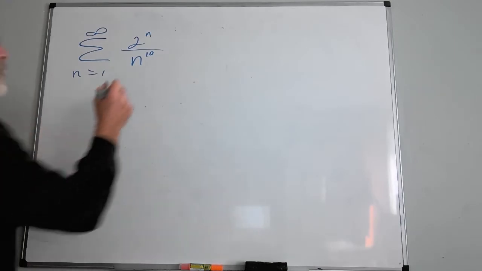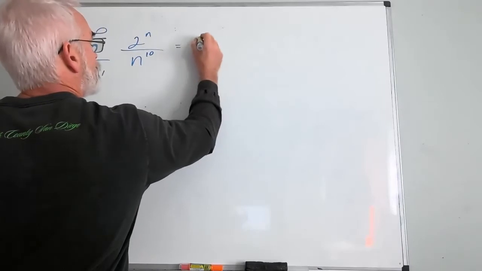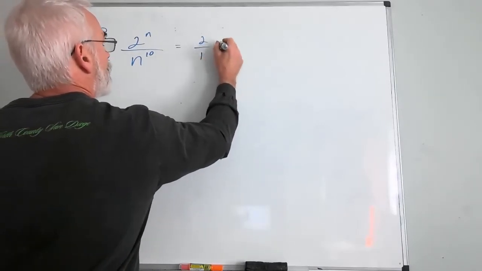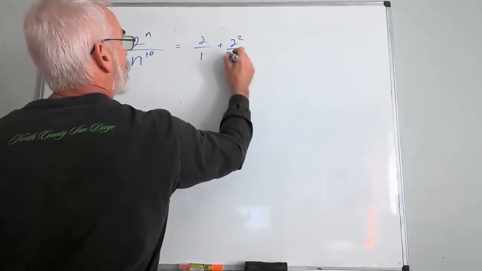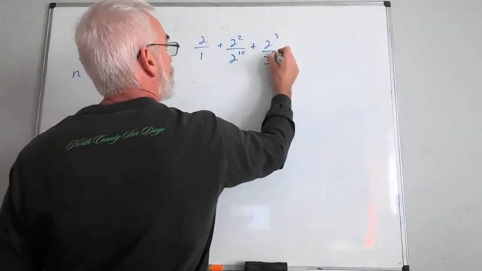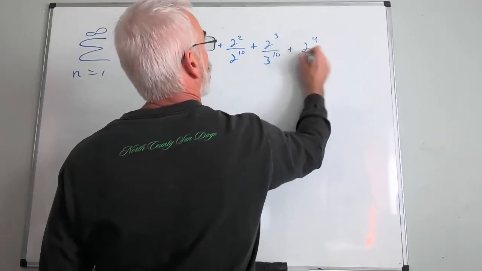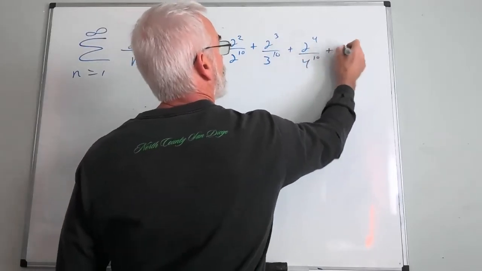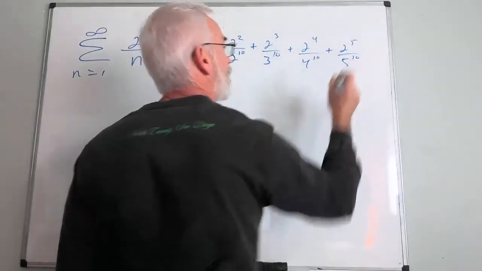So again, if I start writing the terms down, let's see, that'll be 2 to the 1st over 1 plus 2 to the 2nd over 2 to the 10th plus 2 to the 3rd over 3 to the 10th plus 2 to the 4th over 4 to the 10th, right? If I keep doing this, it's pretty obvious.